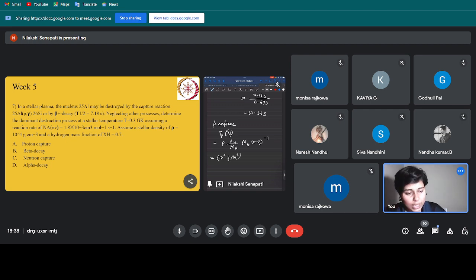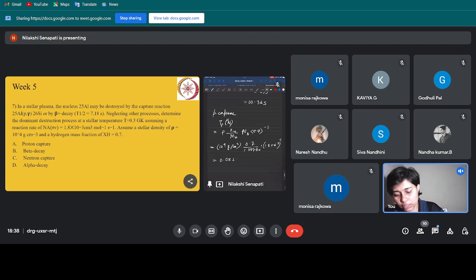Xh is equal to 0.7, mh equal to mass of hydrogen, 1.0078 u, and Na sigma v is 1.8 into 10 to the power minus 3 inverse. If you calculate, then you will get 0.08 second.